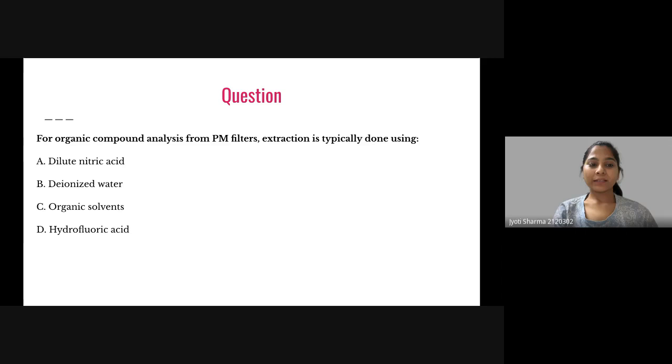So if it is an organic compound, then for this extraction, what do we need? Organic likes organic, right? Inorganic likes inorganic. So if you want to extract, then for this extraction, what do we need? Not B, not D.